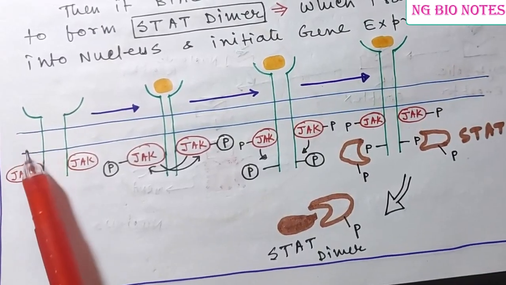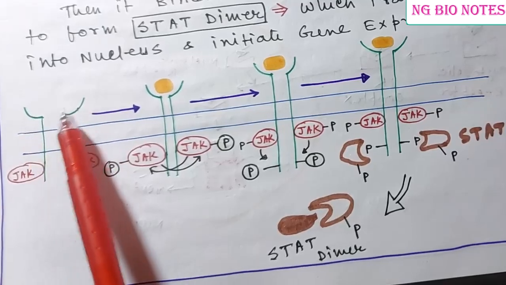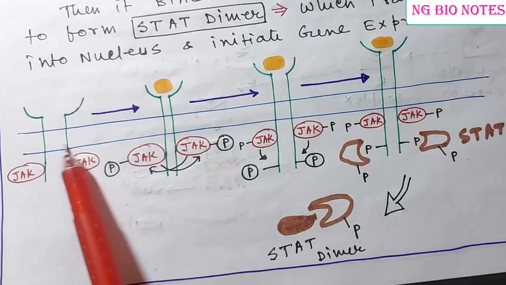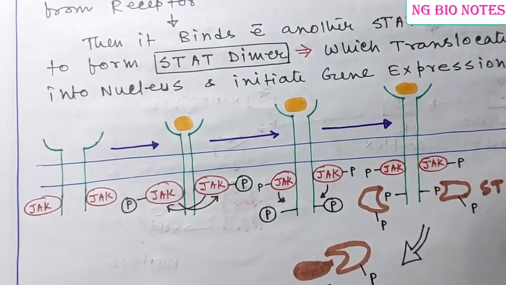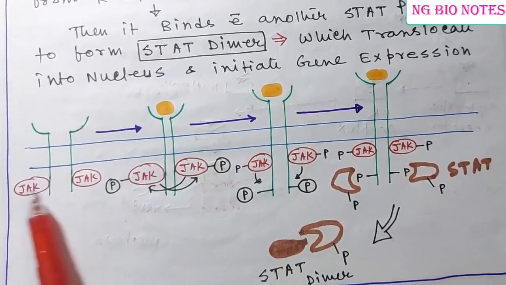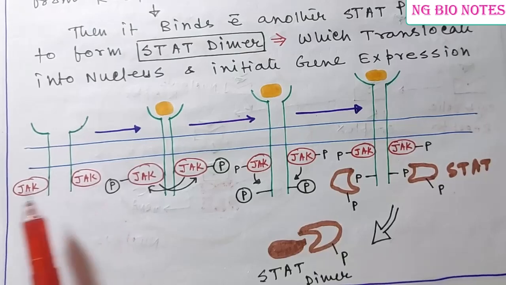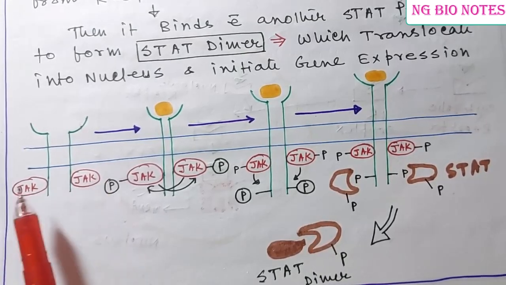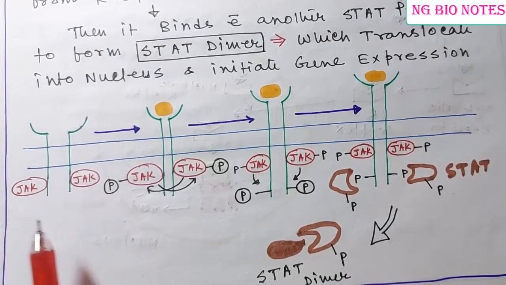And here you can see the receptor, and this receptor has a hormone binding domain. This is the extracellular domain, and this is the cytosolic phase of the receptor, and the receptor usually remains in monomeric form. In the cytosolic phase of this receptor, there is a special kind of protein known as Jak or Janus kinase, and each receptor contains Jak in its cytosolic phase, right?